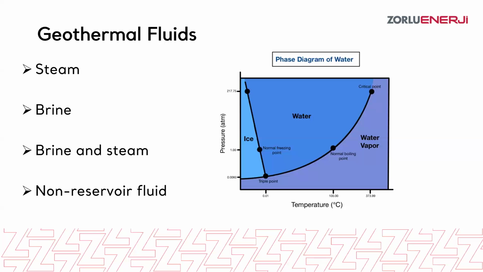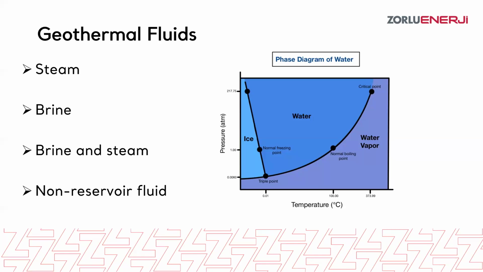We could have some steam, just pure steam, in our geothermal reservoir. We may have a brine, just the liquid phase, or we could have both of the phases as a mixture. And also, as I said, we could have some non-reservoir fluid as a geothermal fluid being used in the process.